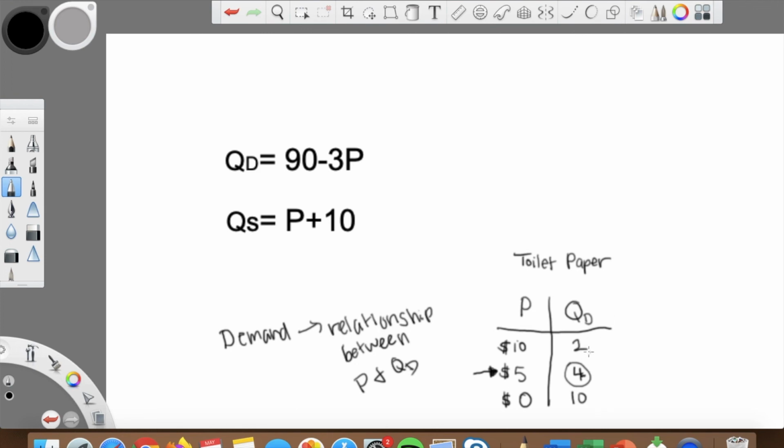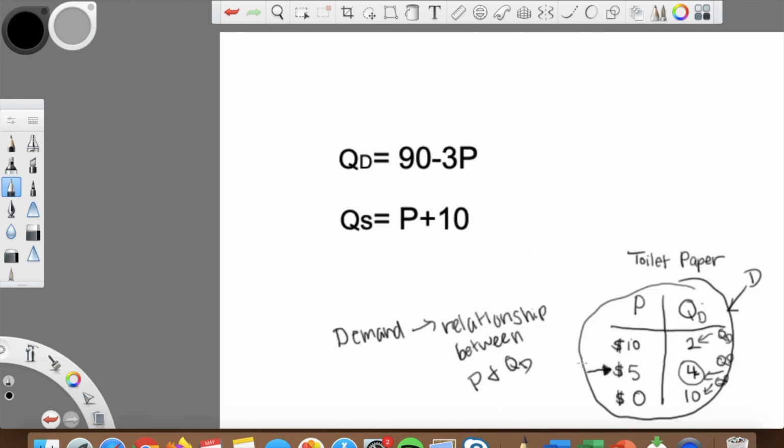So when it's a single number that corresponds to a single price, it's quantity demanded. When we're talking about this whole relationship, all the prices and all the quantities demanded, this big list, that's demand for toilet paper. This number right here is quantity demanded. And this is a different quantity demanded. And this is a different quantity demanded. So, singular amounts are quantity demanded.